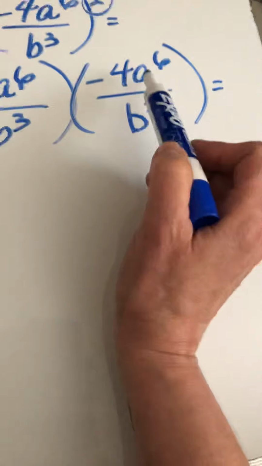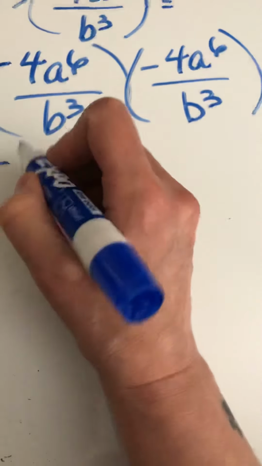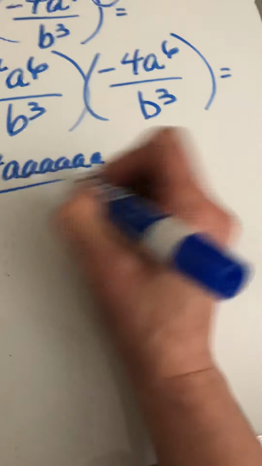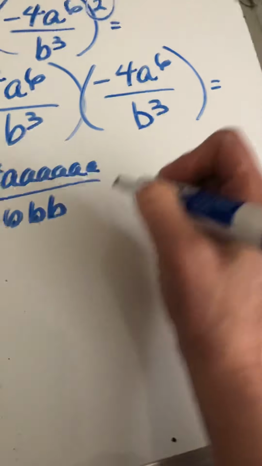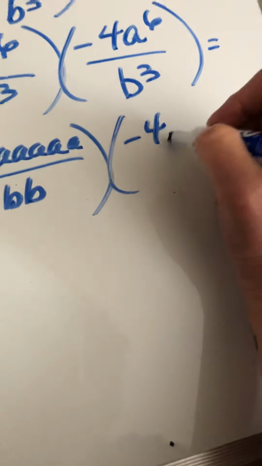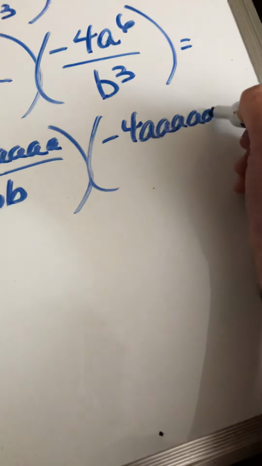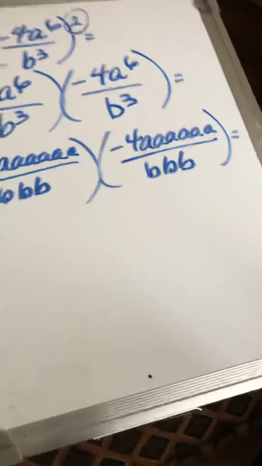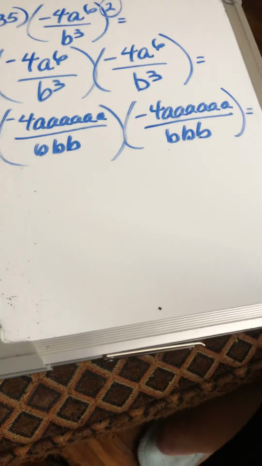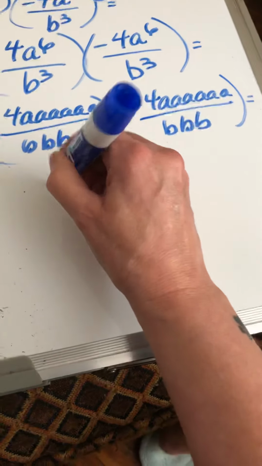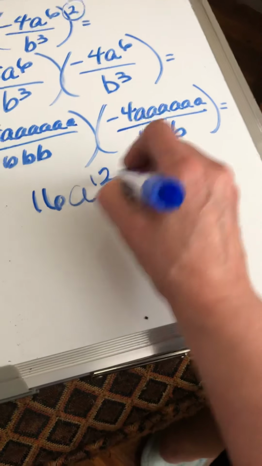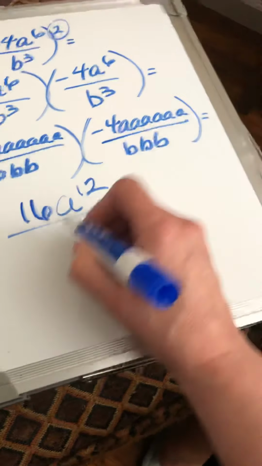And I hear you could stretch it out more if you wanted to. Why don't we do that since I have the space? All right. Now, -4 times -4 is negative. It is not. It's positive 16. I have 6 A's here, 6 more there. That gives me 12. And 3 B's here, 3 B's there, gives me 6 B's.